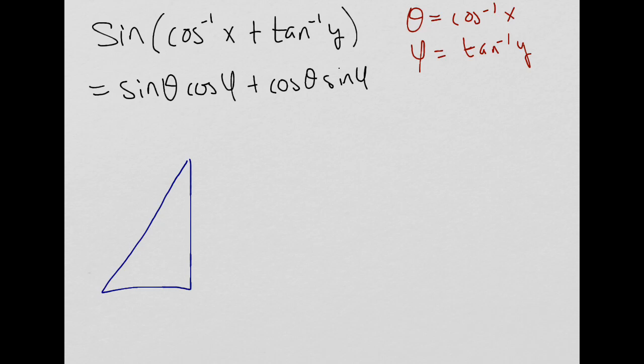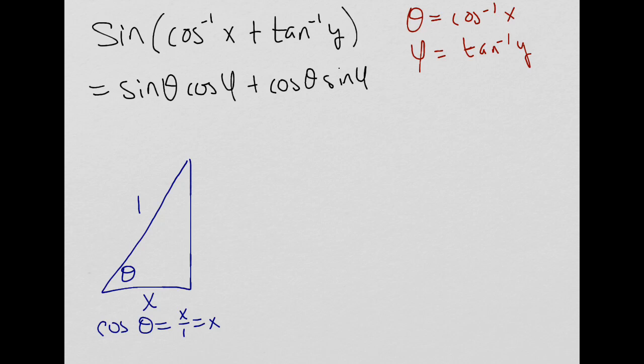So if I start with a triangle with x and 1, there's my theta right there, because cosine of theta will be x over 1, just x. So we know that the inverse cosine of x is equal to theta.